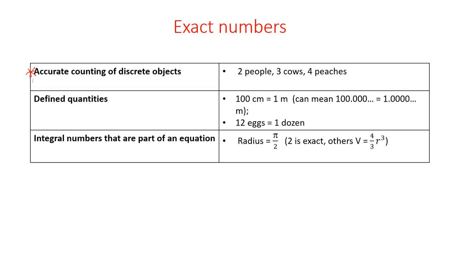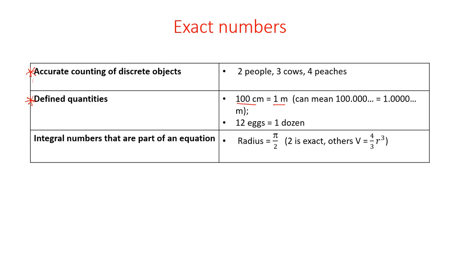But we also have what we call defined quantities. These are also ignored. We don't talk about their significance. For example, if we say 100 centimeters make 1 meter, we cannot say that 1 meter has one significant figure and 100 centimeters also has one significant figure.